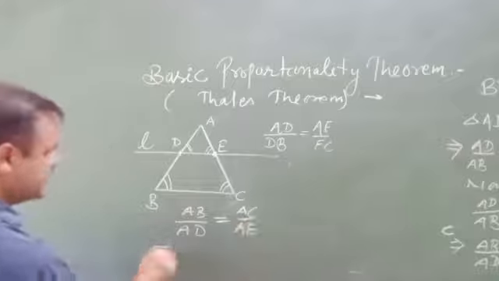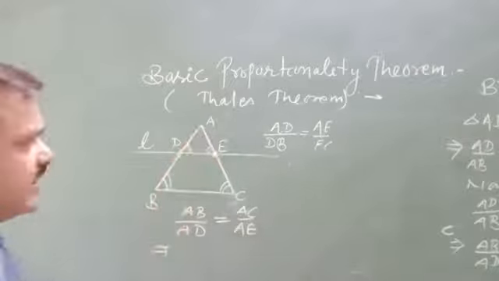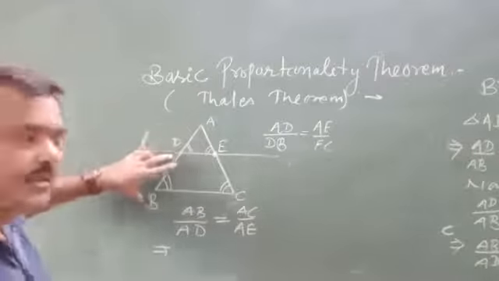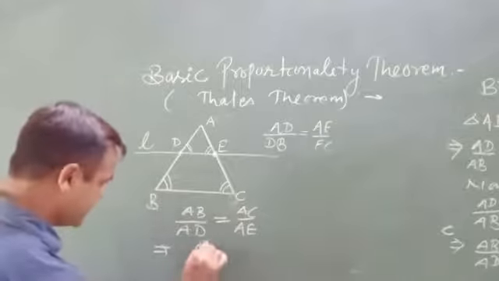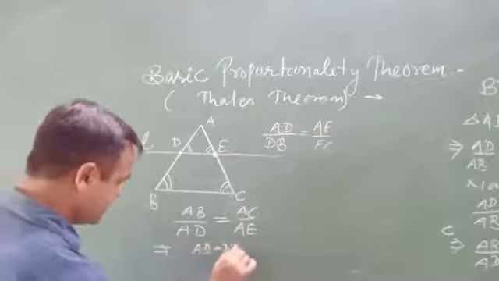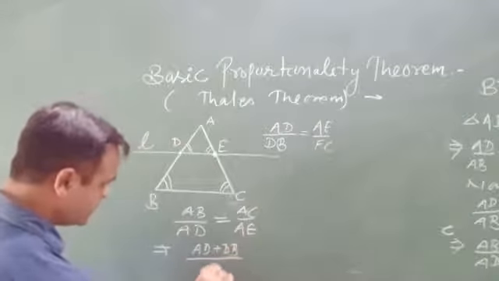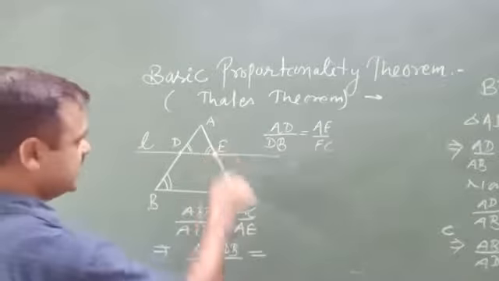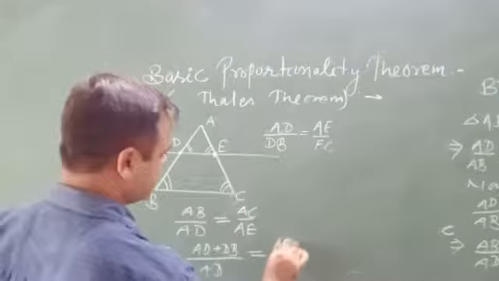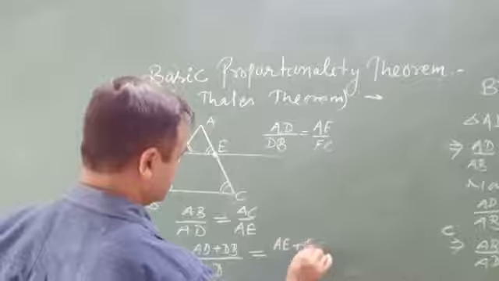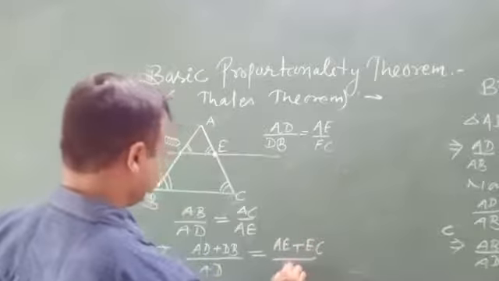AB can be written as AD plus DB, so this is AD plus DB upon AD, and AC can be written as AE plus EC upon AE.